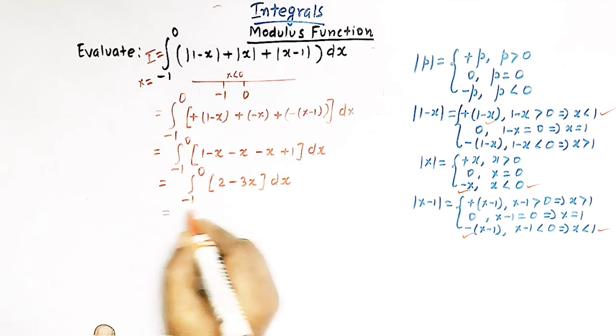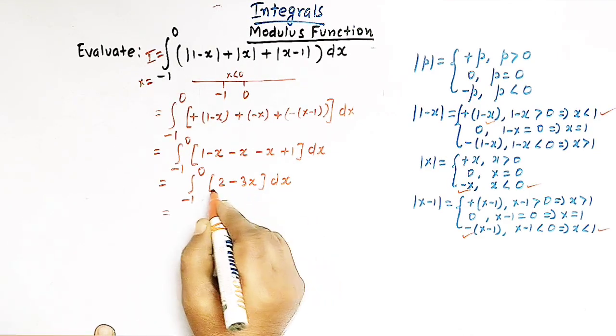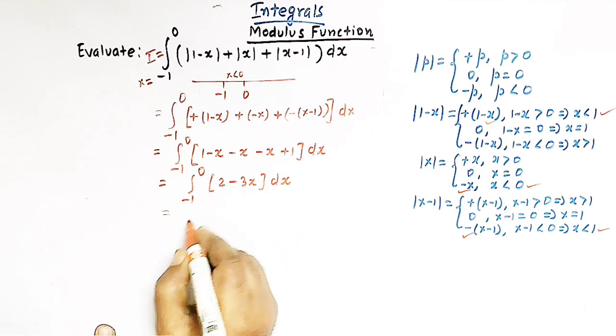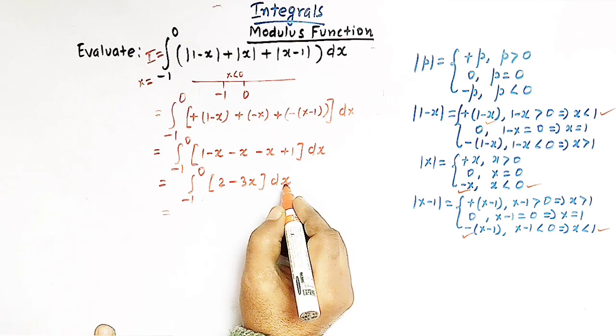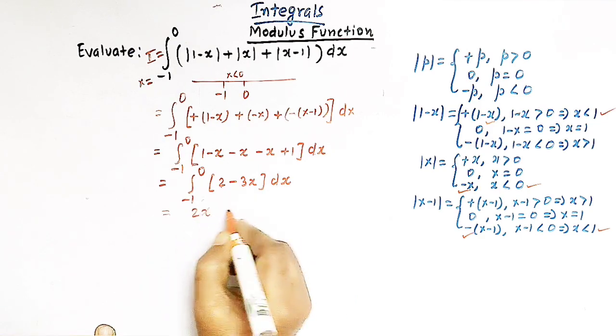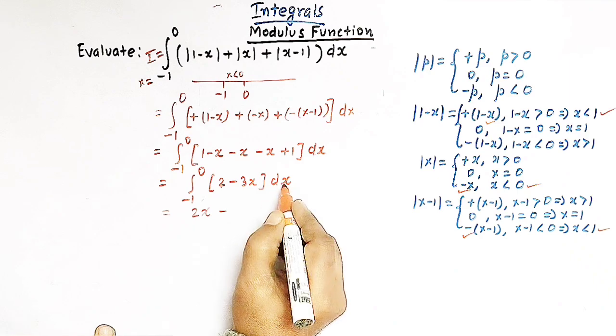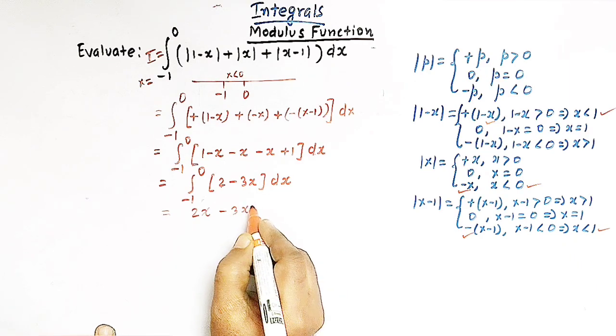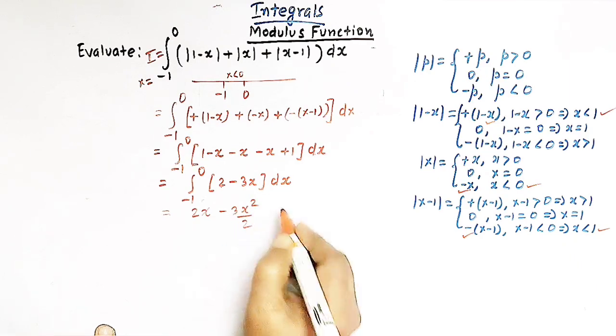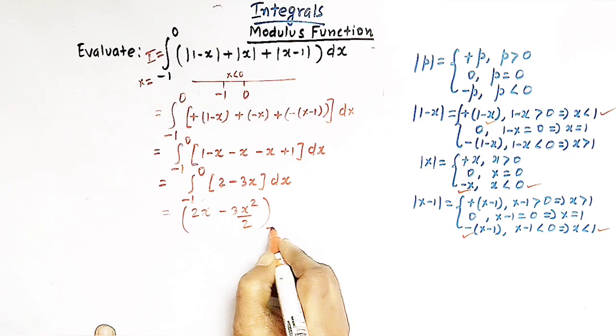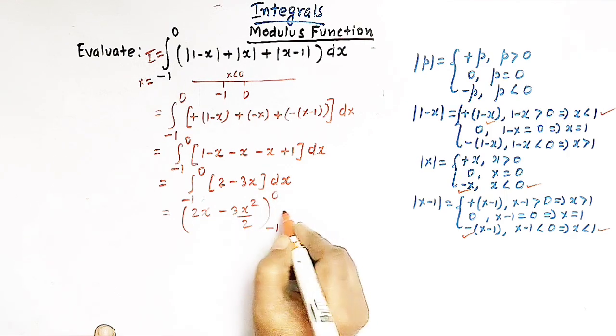Now we can integrate this linear expression. The integral of 2 dx is simply 2x, and the integral of 3x dx is simply 3x squared over 2. And the limits of integration go from minus 1 to 0.